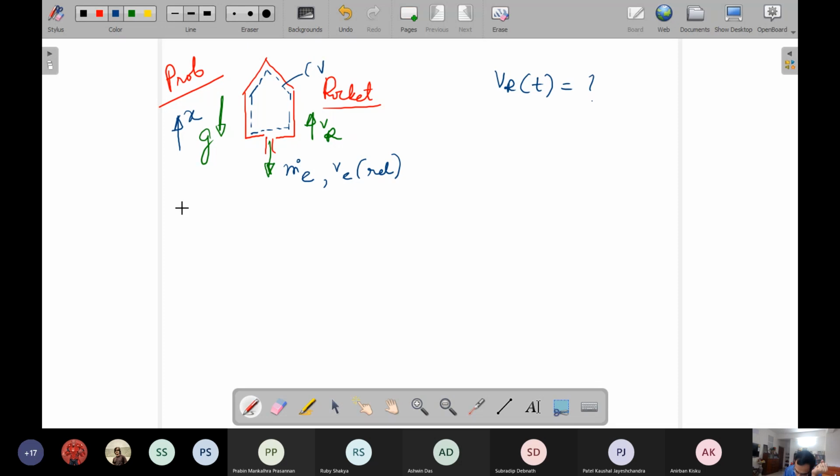you will have the conservation of linear momentum, if you recall, resultant force. I'm writing a scalar form because we are concerned about the x direction.